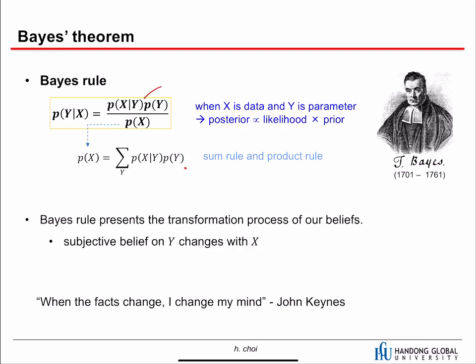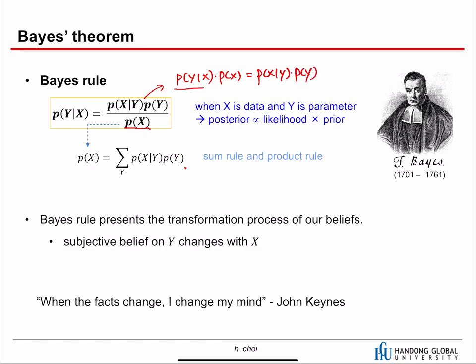If we rewrite this slightly, you can see P of y given x times P of x is P of x given y times P of y.